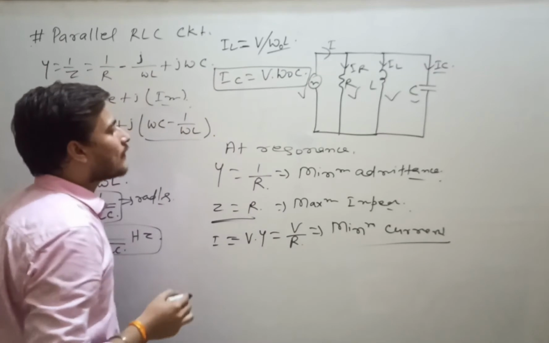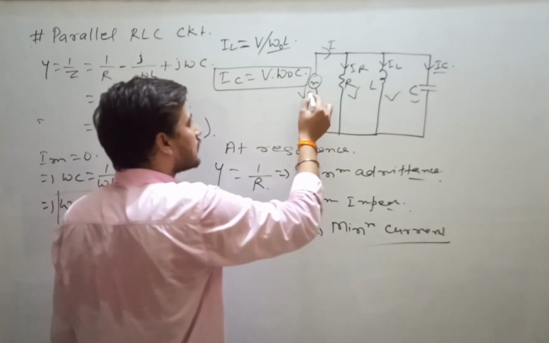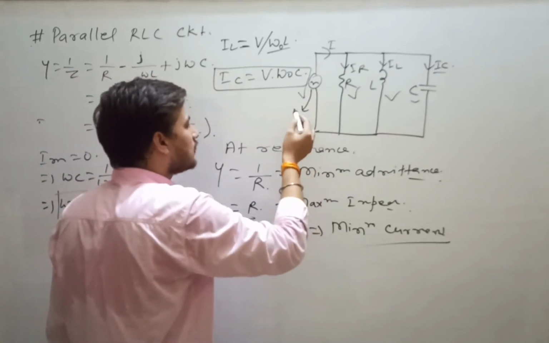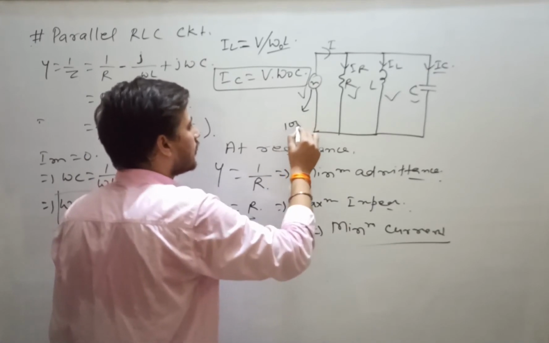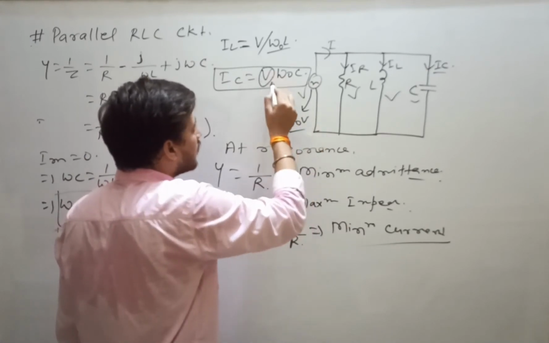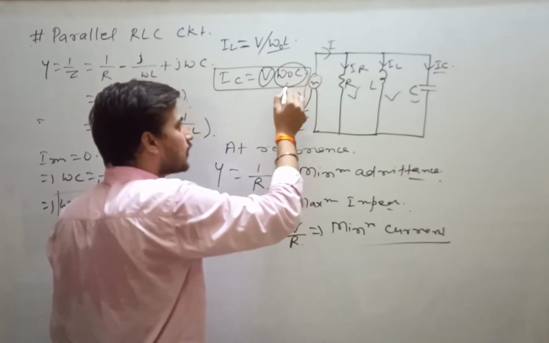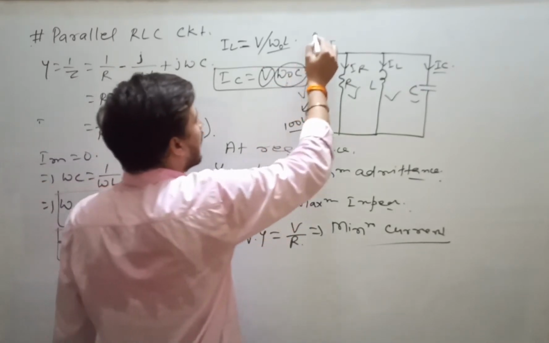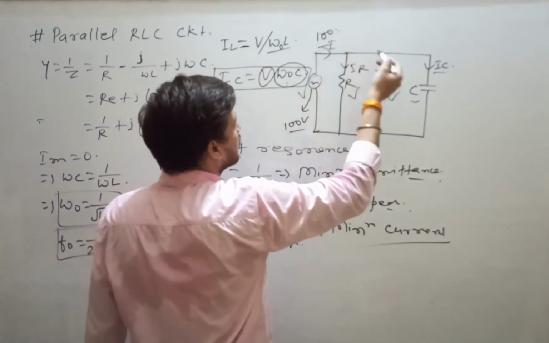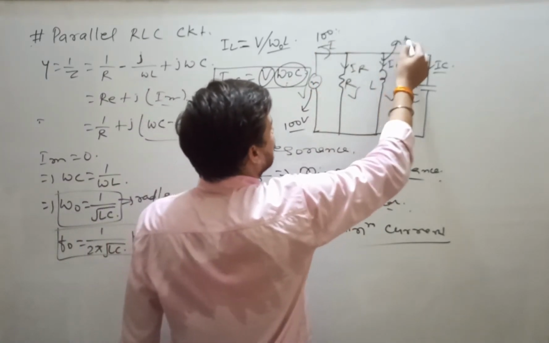So what do you see? Suppose the applied voltage V is equal to 100 volt. Now here 100 is being multiplied with omega naught into C. That means if this current I is 100 ampere, this current might be 500 ampere.